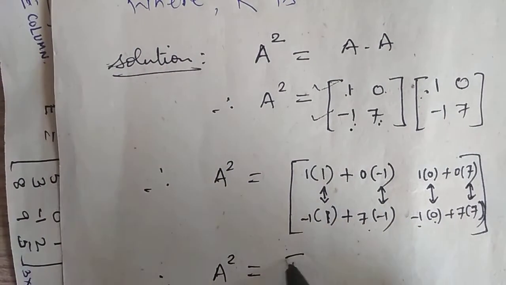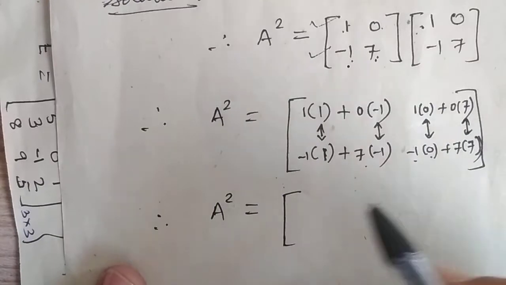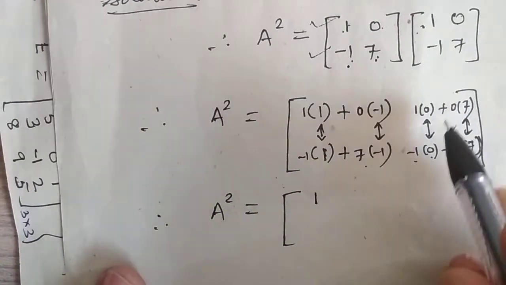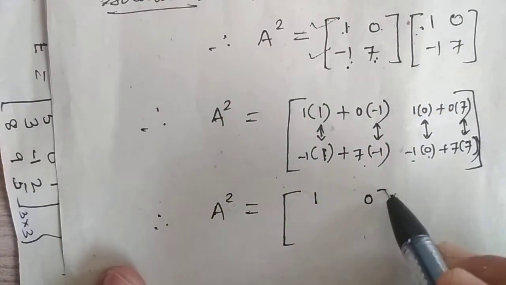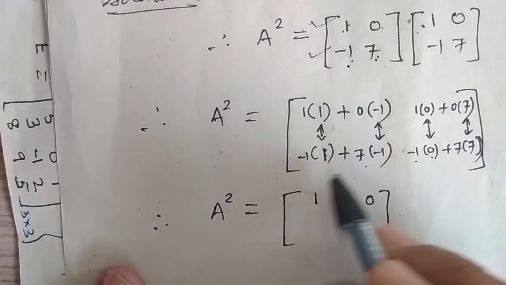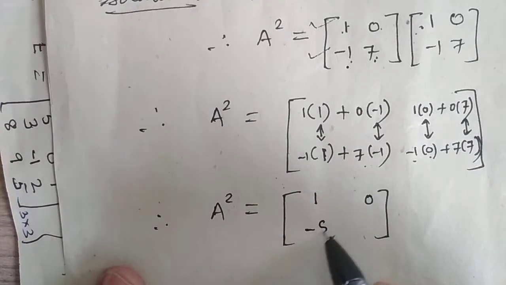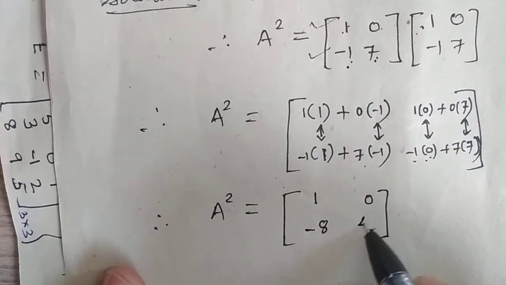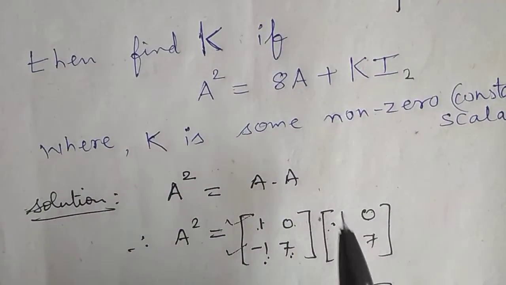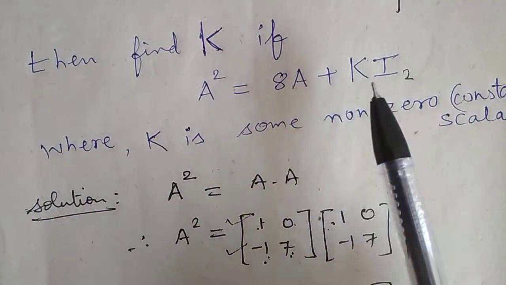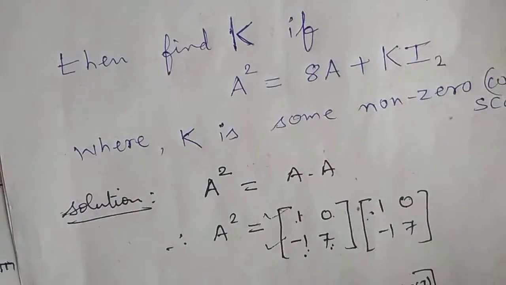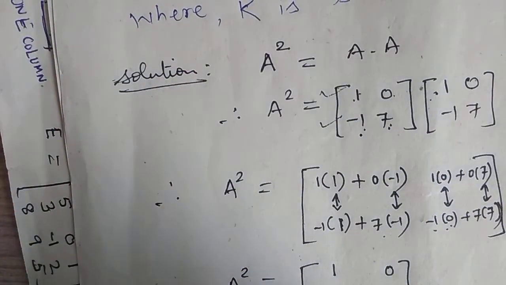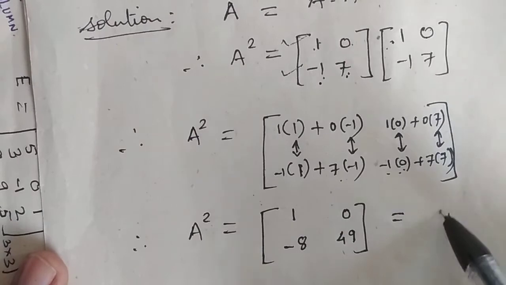So what is A squared then? A squared is [1, 0; -8, 49], since -1 minus 7 is -8, and 7 times 7 is 49. This is equation number 1. After calculating A squared, we should know that A squared is actually equal to 8 times A plus k times I2. This is your left hand side.